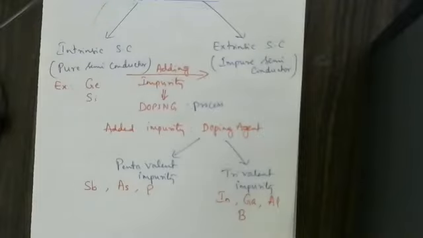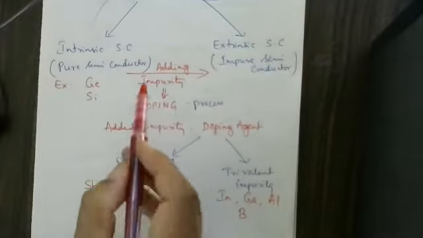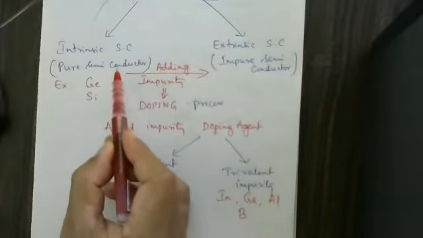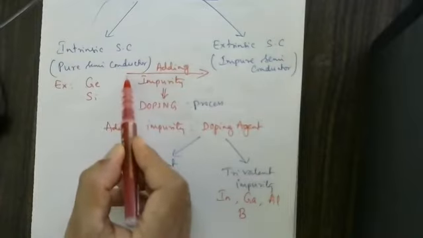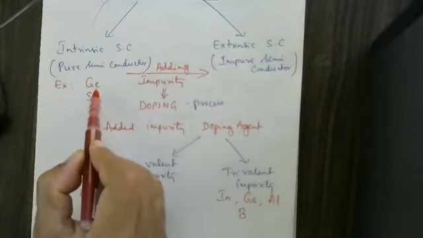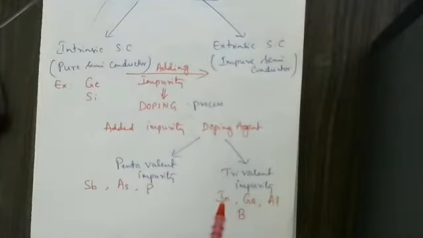Okay, next idea. How much do we have to add as a doping? How much impurity do we have to add? If the germanium is 10 to the power 8 number of atoms, then either this or this we have to add only one atom.